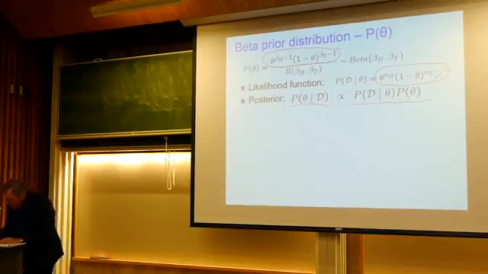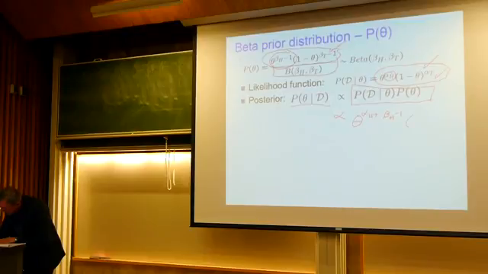So now if I actually calculate this quantity, what do I get? It's beautiful. I get this quantity times this quantity. So my numerator is actually theta to the alpha heads, those are the observed quantities, but there's also this term here: theta to the beta heads minus 1.